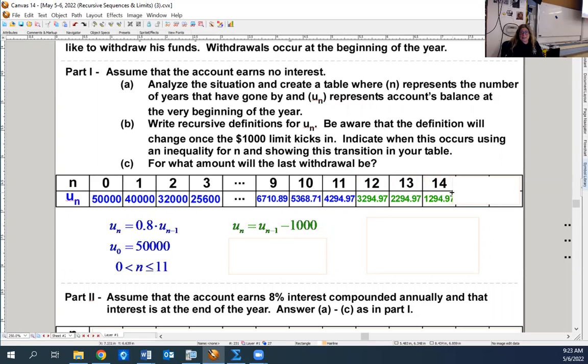So how long is that going to take me? Well, once I get to the 15th year, I don't have 1,000 anymore. So between the 11th and the 15th, and honestly, you could just write 12 because you're not doing fractions of a year. But anytime after the 11th year up through and including the 15th year, Scrooge can take 1,000.